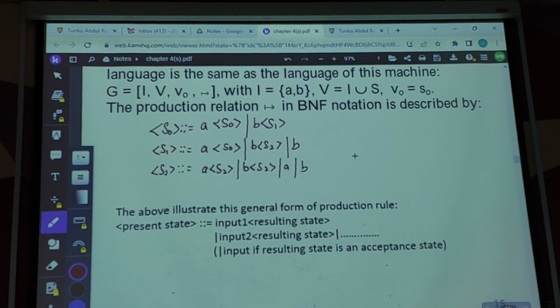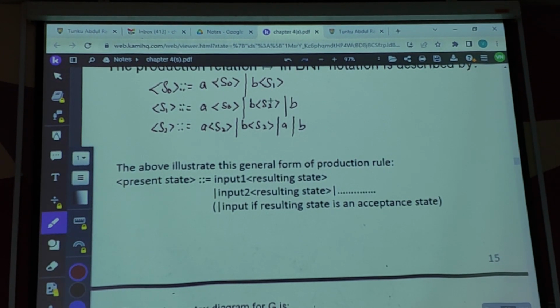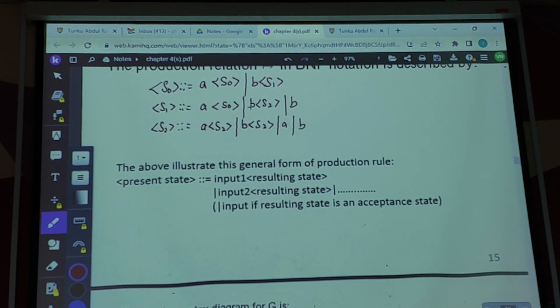How to draw the master diagram? If you already have this, consider this as your BNF now. If you already have the BNF, can you refer to this BNF and draw the master diagram or not? The S0, S1 are like your V0, V1 last time.